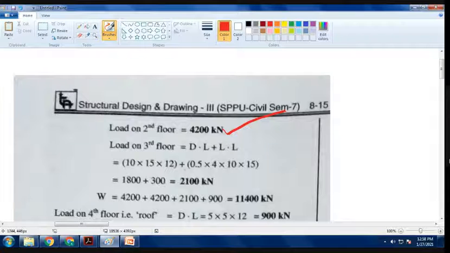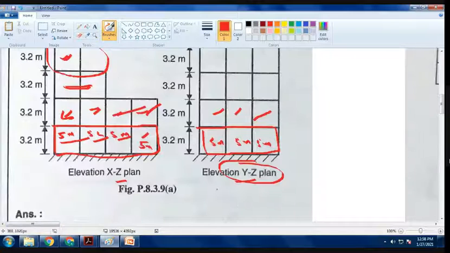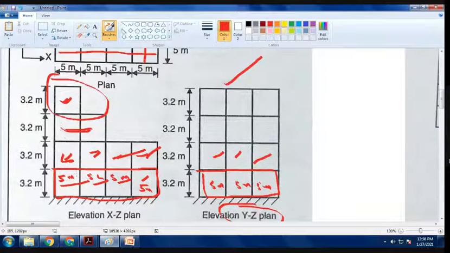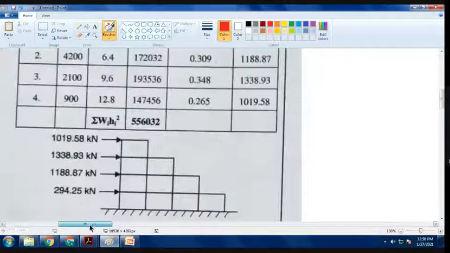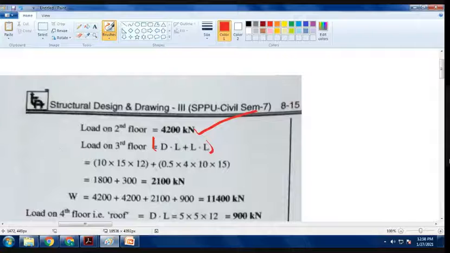Now when you come to the third floor, you are going for dead load plus live load, correct? In the third floor, if you check it once, here it is 5 meter, 5 meter, and here it is 5 meter, 5 meter, 5 meter. Therefore this is 10 by 15, multiplied by the density.